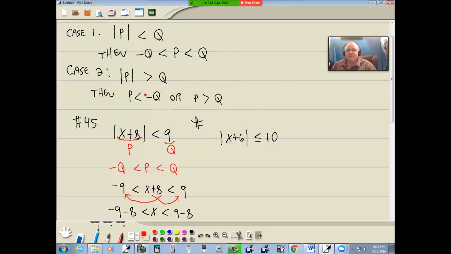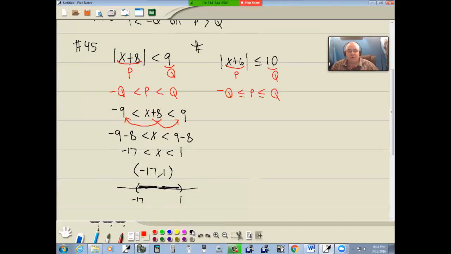Now books will never give you all four formulas, but it's implied. If you have a less than or equal to, it's the same formula. The difference is that if I have a line underneath this inequality, then I also put lines underneath these. So this is again case 1. The absolute value is by itself on the left side. So what's inside will be our P, and the other side will be our Q. And our formula says we got negative Q is less than or equal to P is less than or equal to positive Q.